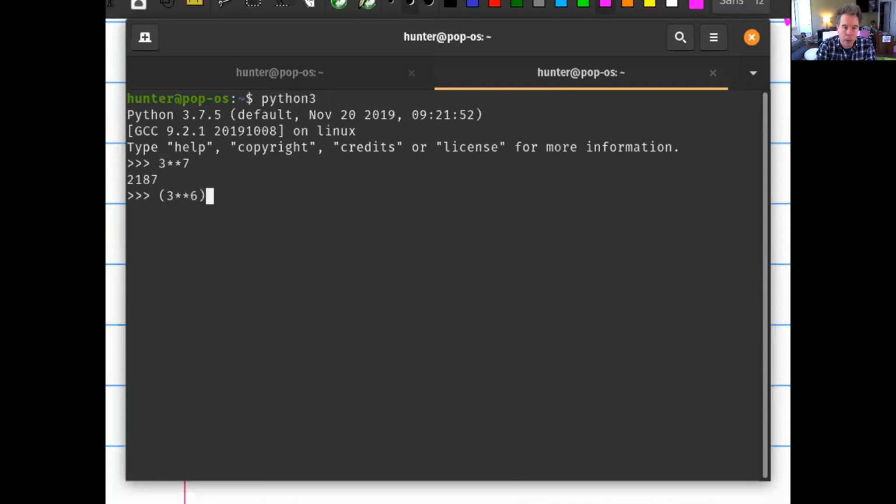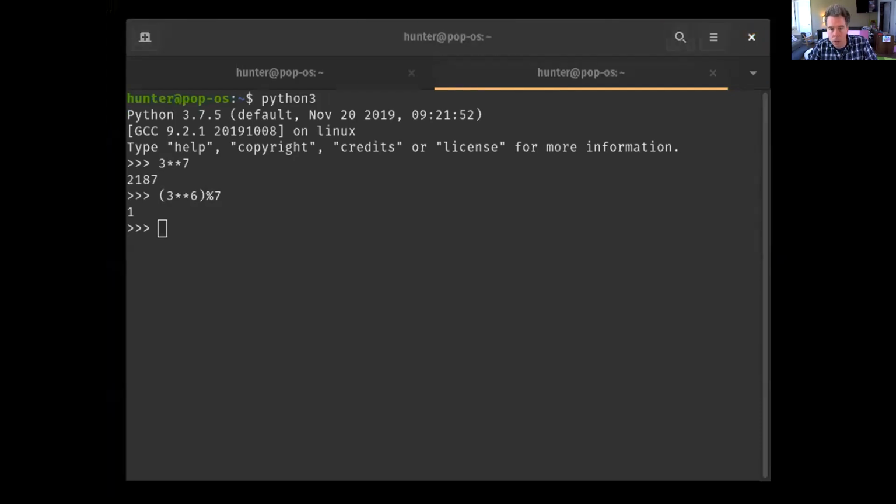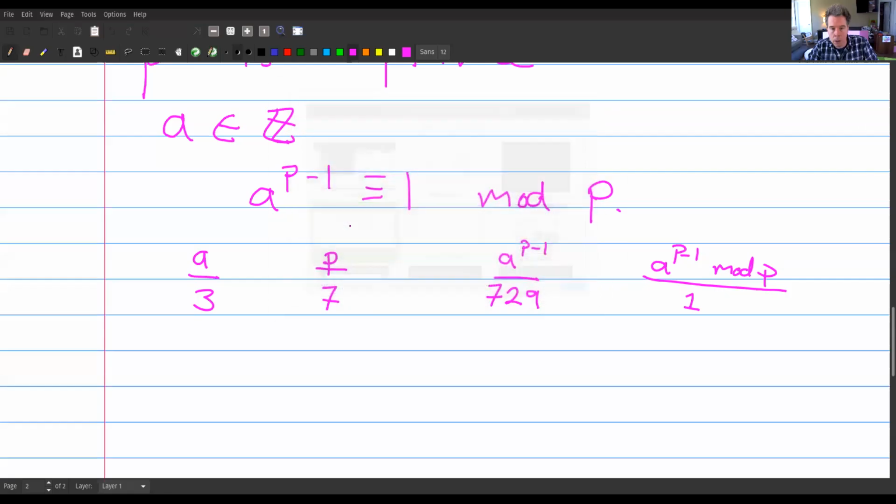That was a mistake, because it's P minus 1, so it's 3 to the 6th. Mod 7 is 1. So let me go back to this thing here. Yeah, 3 to the 6th power is that.